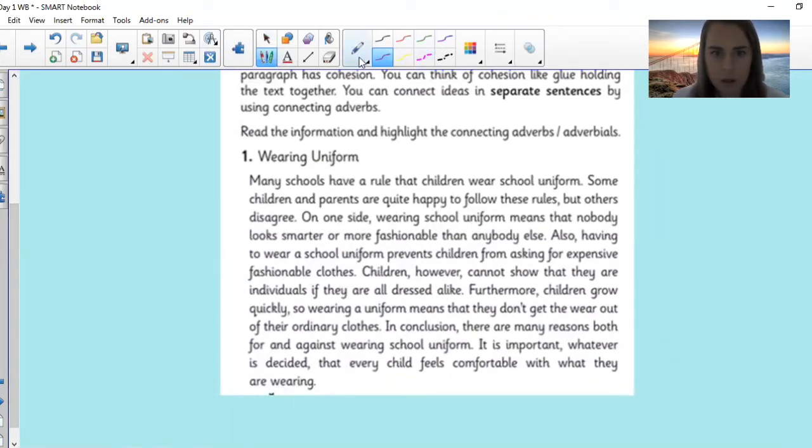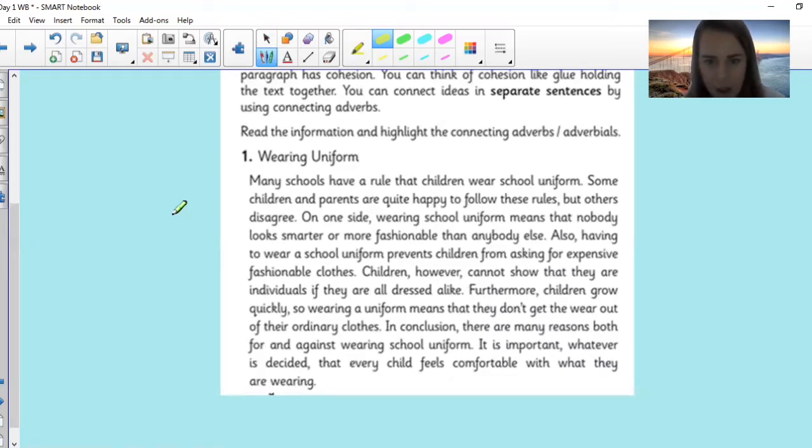So I am going to change this to a highlighter and we can highlight through together. Many schools have a rule that children wear school uniform. Some children and parents are quite happy to follow these rules, but others disagree. On one hand, wearing school uniform means that nobody looks smarter or more fashionable than anybody else. Also, having to wear school uniform prevents children from asking for expensive fashionable clothes.